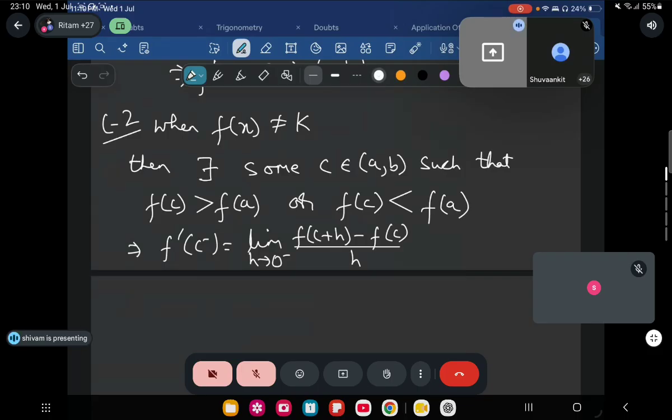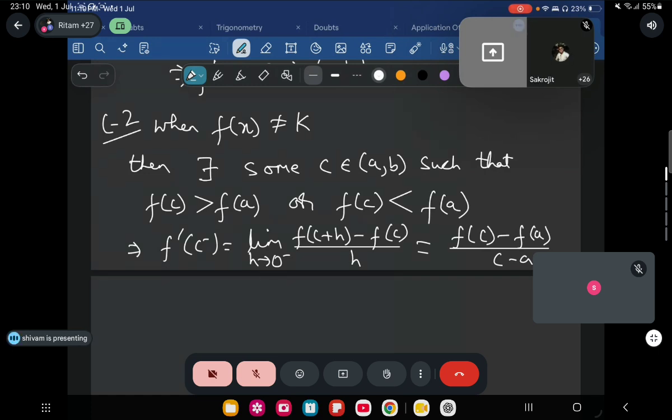Or you can also say that f dash at c minus will be equal to f of c minus f of a upon c minus a. Yes or no? I'm just finding out the derivative, or you can say I'm just finding out the slope at c. Yes, sir.